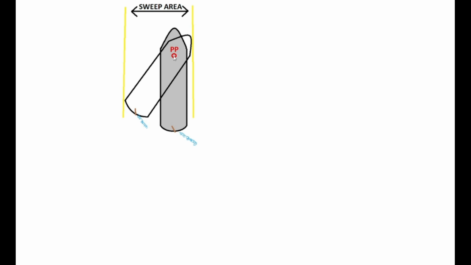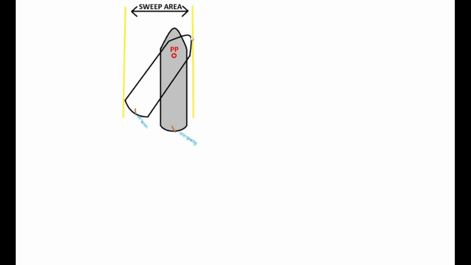One thing I would like to point out is when you are turning a ship, when you're going ahead, you need to be mindful of the amount of space you have. You can see here the stern of the ship moves out to port quite a lot when you're turning to starboard, and vice versa if you're turning to port.